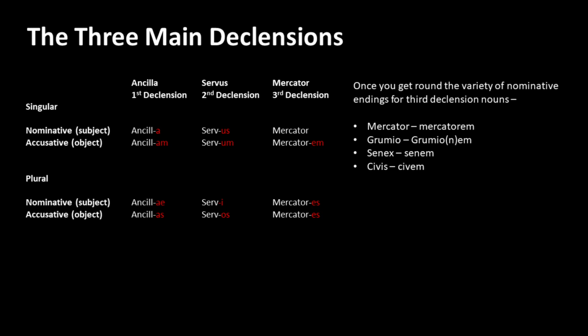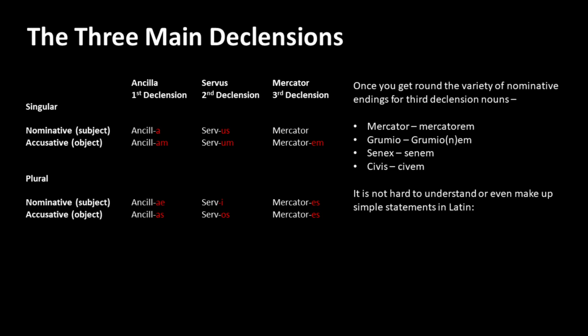I mention this variety of endings because once you've learned a reasonable number of words from each declension, you can use your knowledge of the relevant case endings to understand and even to make up simple statements in Latin. Have a look at these, and I've taken or adapted these examples and other examples in this video from Book 1 of the Cambridge Latin Course.